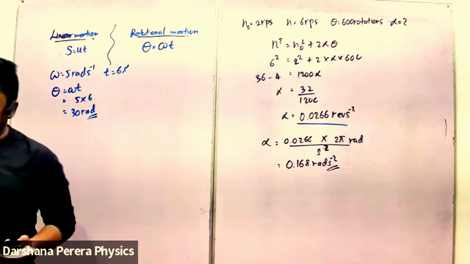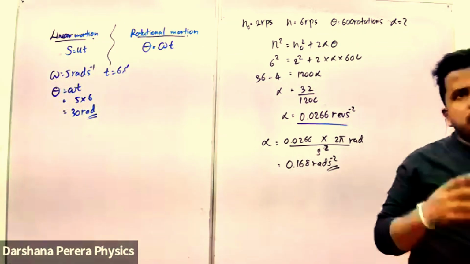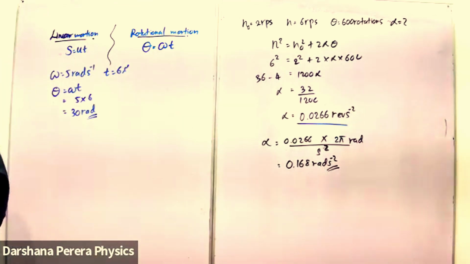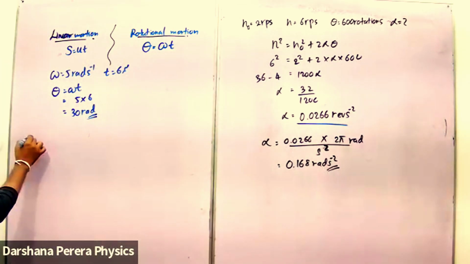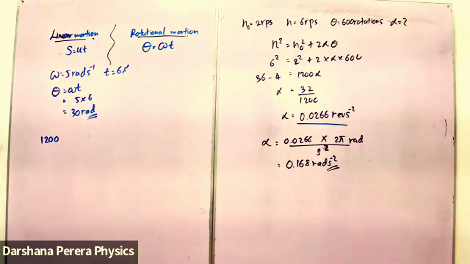Write down another problem. A rotating wheel rotates with 1200 RPM.